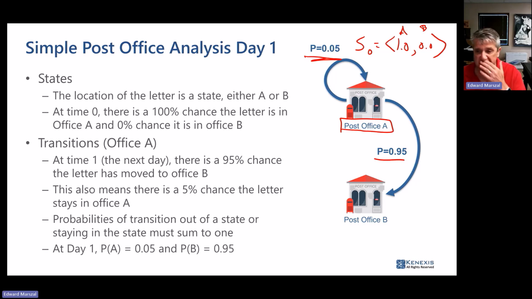So what we're going to see is that the probability of staying in a state is 1 minus all of the probabilities of transitioning out of the state. More on that when we start talking about a specific instrument.